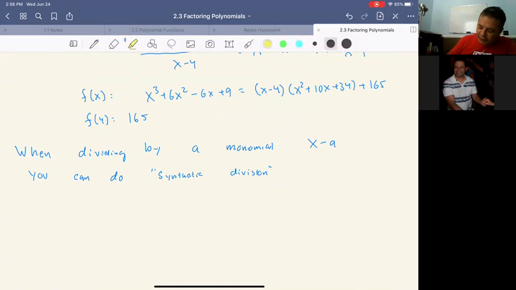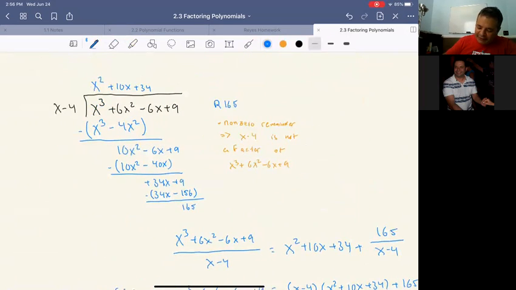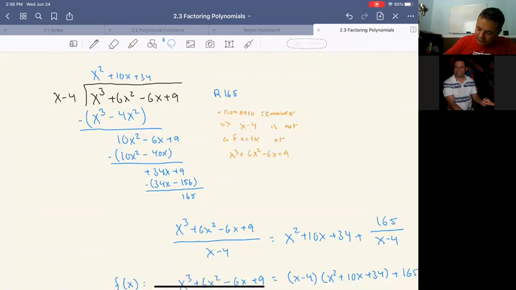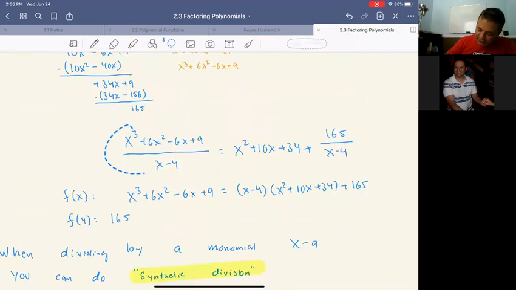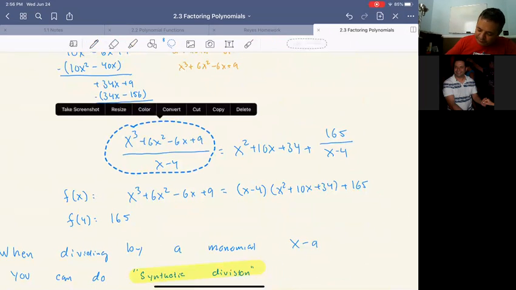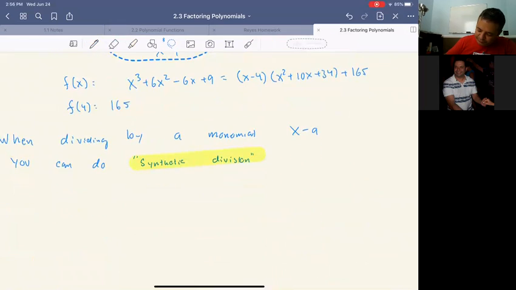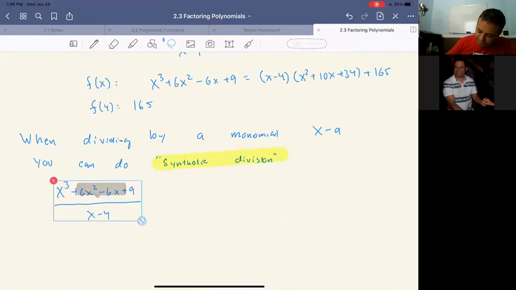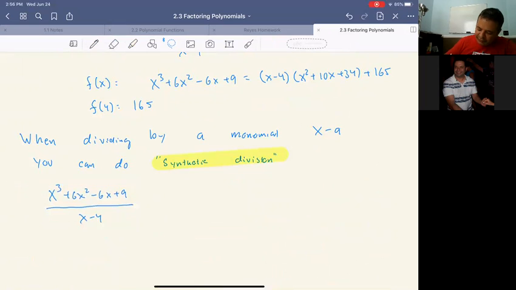I actually avoided synthetic division for a long time, but it's not that bad. We got this. So let's start with our original expression and put it over here. We're going to put the number we're testing, whether it's a root or not, in the corner.